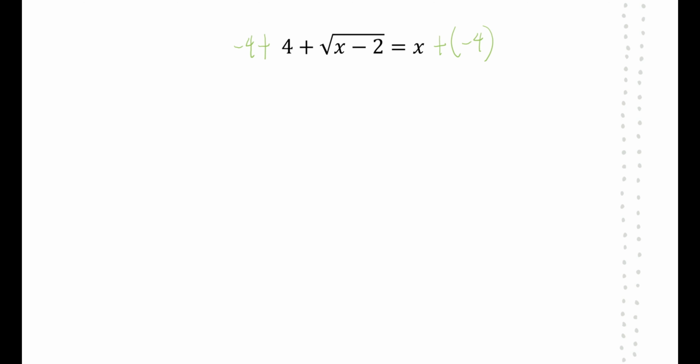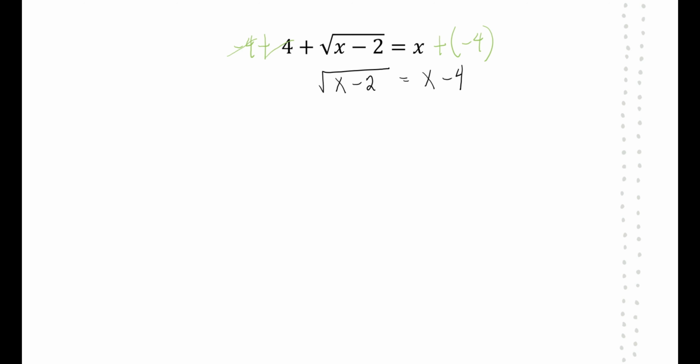On the left side, since negative 4 plus 4 is equal to 0, we may not write it down, so only the term square root of x minus 2 would remain. And on the right side is x plus negative 4, which would be equal to x minus 4.